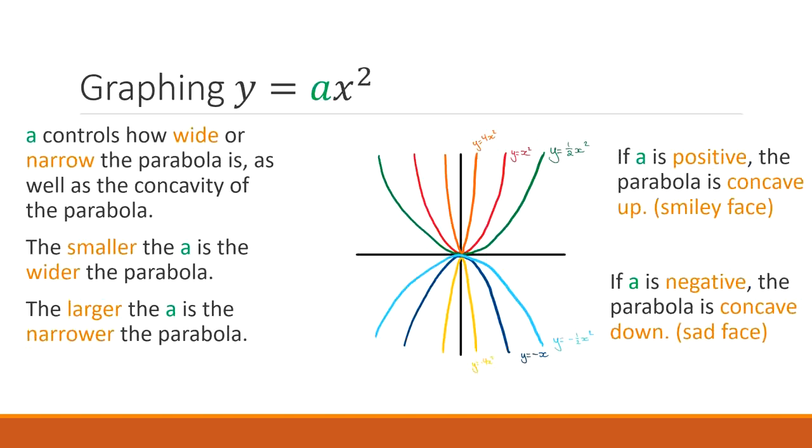If we have negative 4x squared, it's a lot narrower, closer to the y-axis again. So remember, when a is positive, you have a smiley face, so it's concave up. When a is negative, the parabola is a sad face, so it's concave down. When you have a smaller a value, you have a wide parabola, and when you have a large a value, you have a narrow parabola.